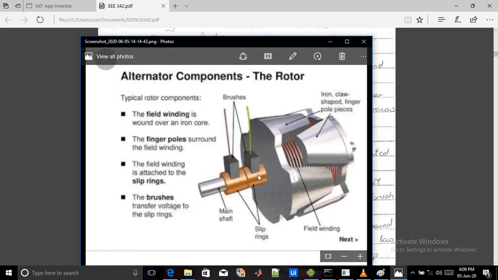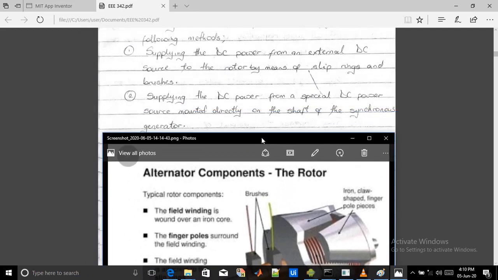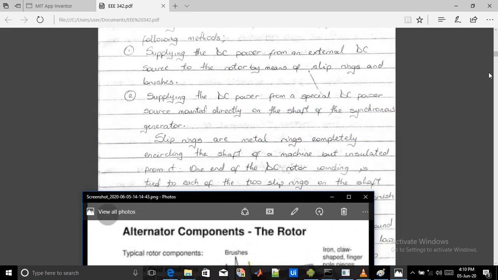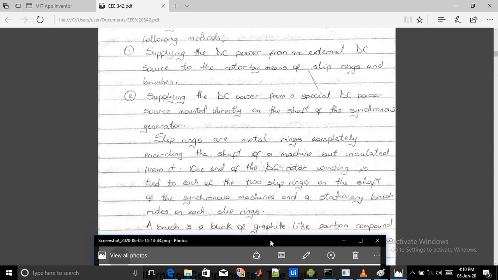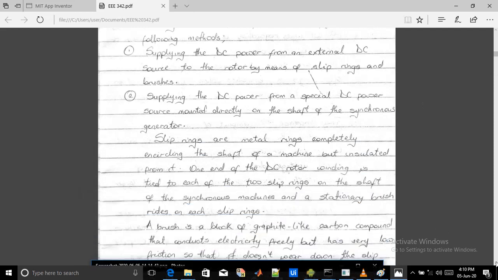Then this other wire through the graphite is going to the other slip ring, to the other terminal of the field winding. You can see it here, the field winding. Since they are all conductors, they are just like normal wires. But the reason why this arrangement is used is just to eliminate the problem I stated earlier. Okay, so now we are done with that.